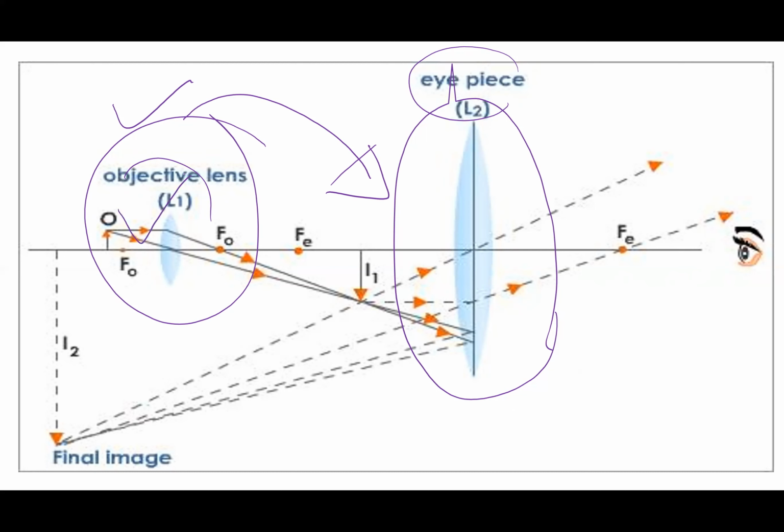The objective lens has a shorter focal length as compared to the eyepiece because it is used to view nearby objects. This is the focal length of the objective lens, and this is the focal length of the eyepiece. This distance is called L.